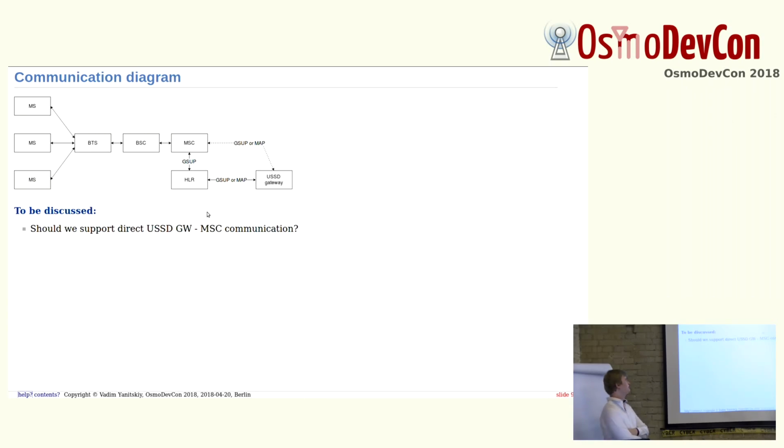I think one advantage of having all requests going through the HLR is that the USSD gateway doesn't need to care where a particular subscriber is and connect to different mobile switching centers. It can have only a single connection with the HLR. You may have multiple mobile switching centers, and they would all be connected to the HLR, and that's simpler.